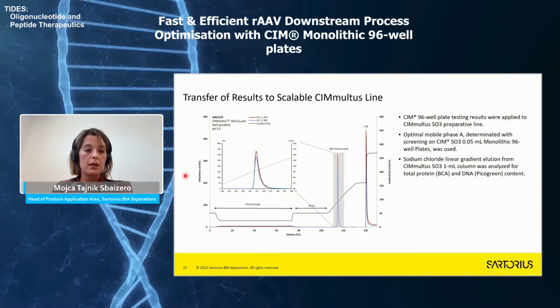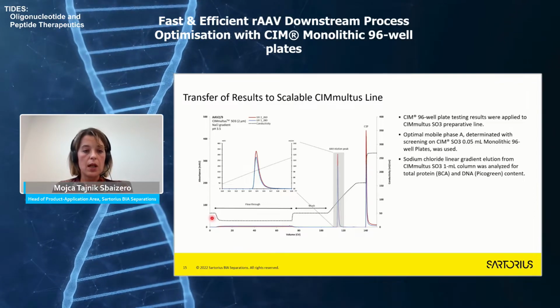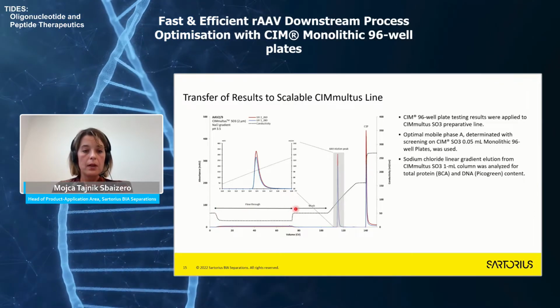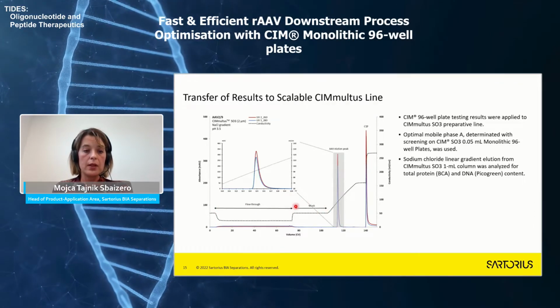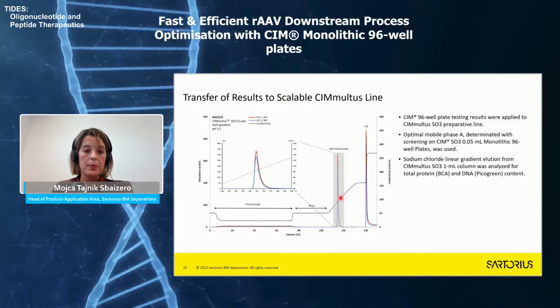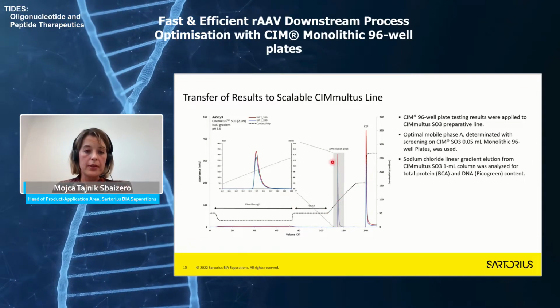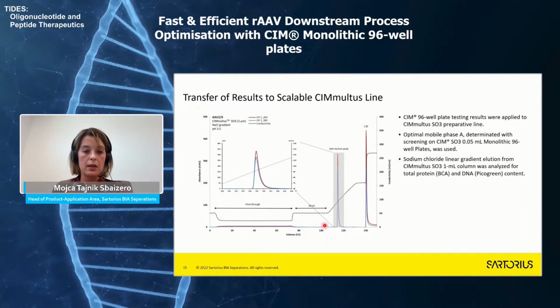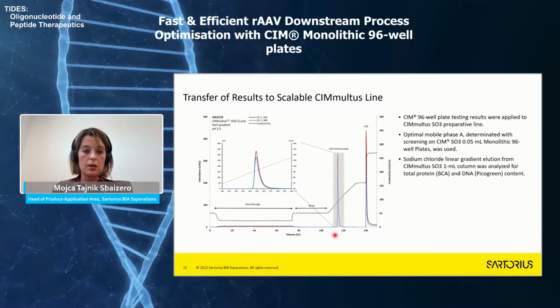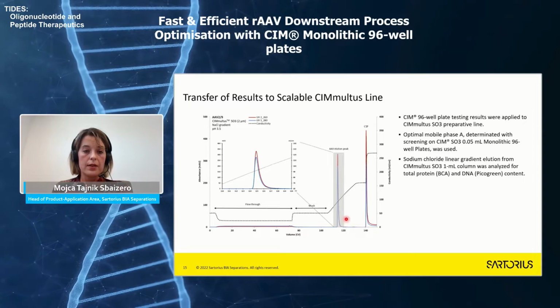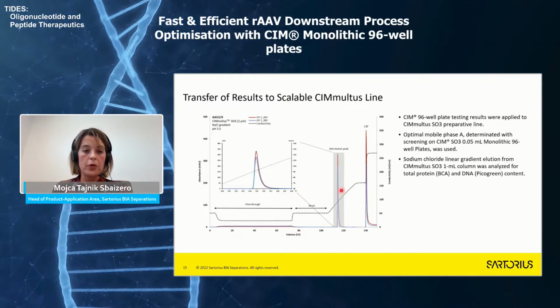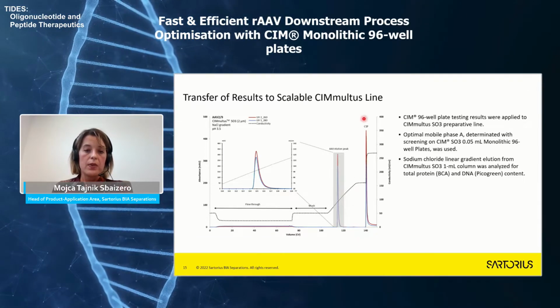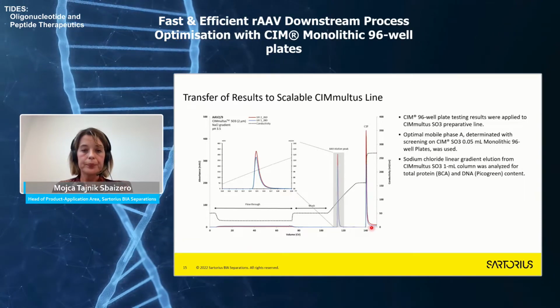We see here a very nice chromatogram where we load the sample and wash it with the newly defined buffer. We perform elution. We see a very nice sharp peak and no other peaks around the elution. So it looks really clean from the chromatogram as well. And then we also see the CIP peak.